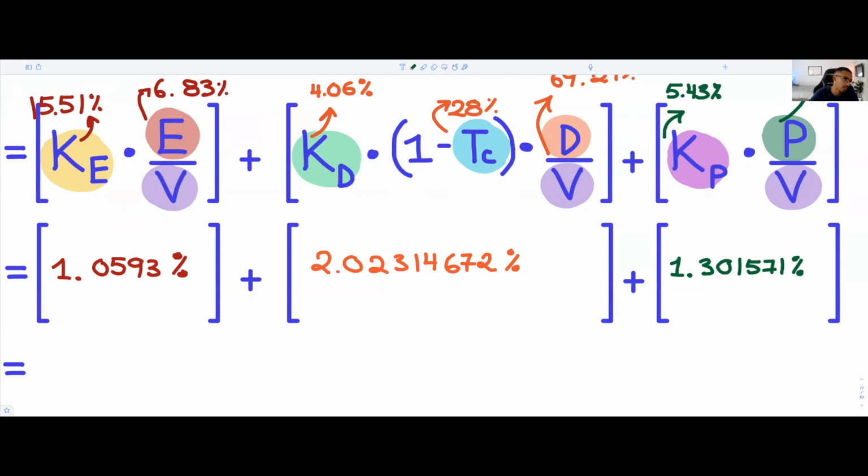We're going to get the following value. And it's pretty darn close to what I have in my solution. So I'm pretty happy with that. So we're going to get a WACC equal to 4.3840172%. And that's going to be the weighted average cost of capital of the firm.